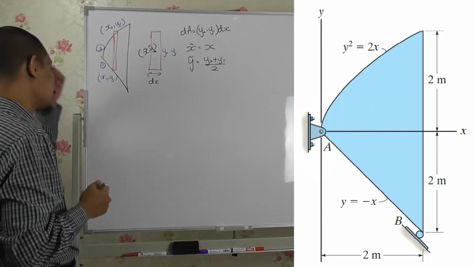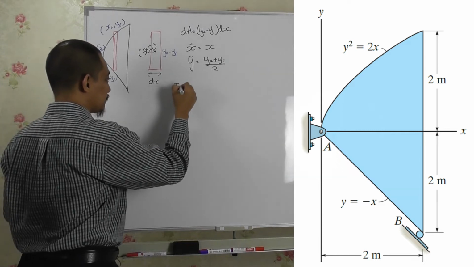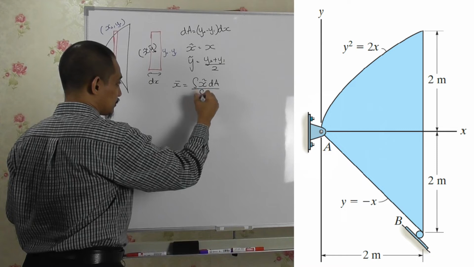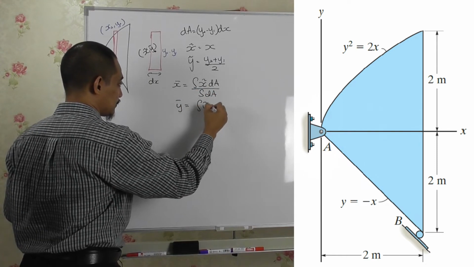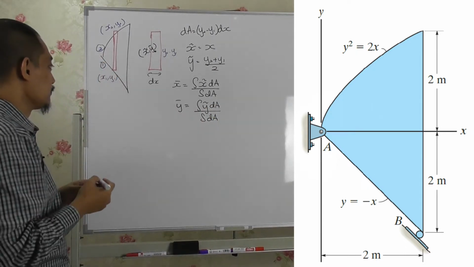Alright, so going to the integration. We have the equation x bar equal to integration of x tilde dA over integration of dA, and y bar equal to integration of y tilde dA over integration of dA.